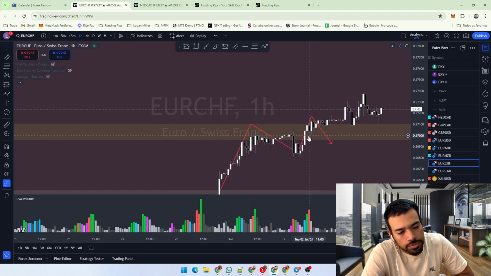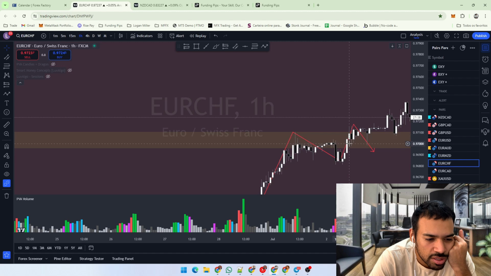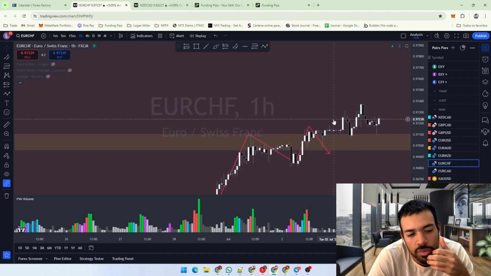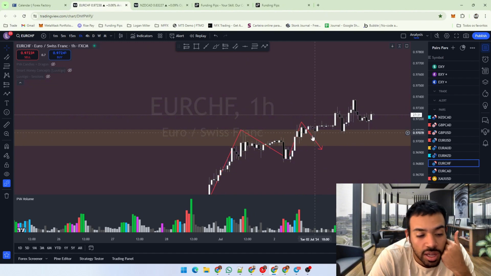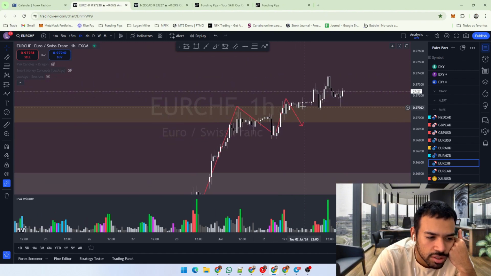If this candle has closed around here without this sticky right here, probably it's going to be a better pattern, like this candle, you know.